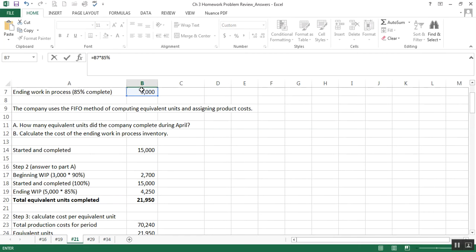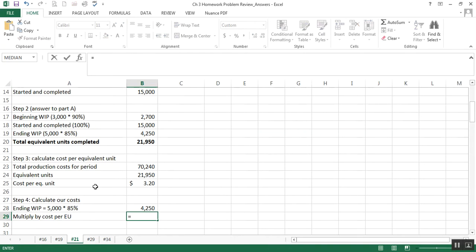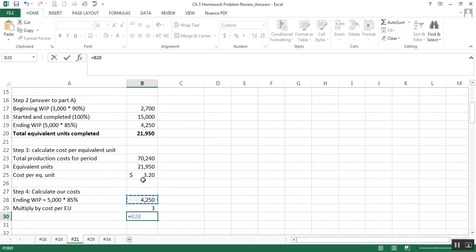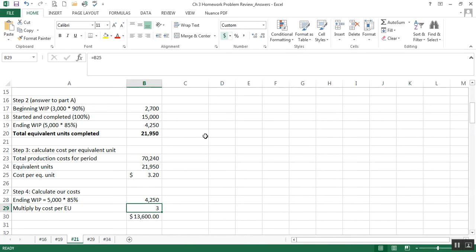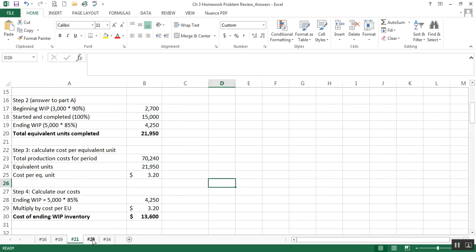Then we multiply by cost per equivalent unit, which is 3.20, giving us a cost of ending WIP of 13,600. Okay? And that's the answer to part B.